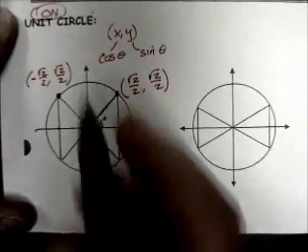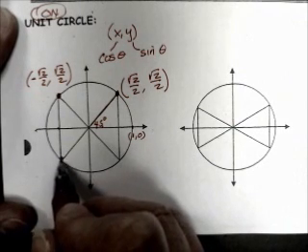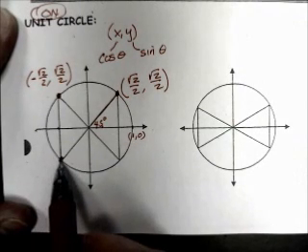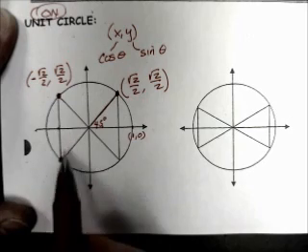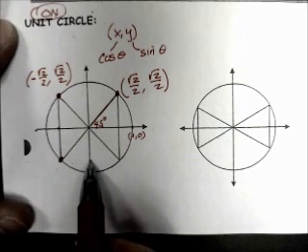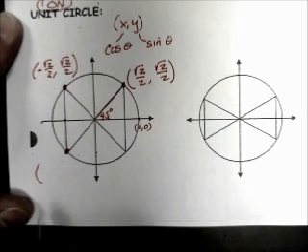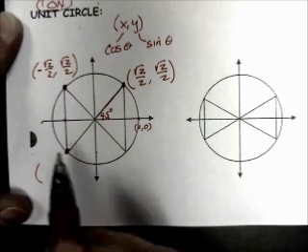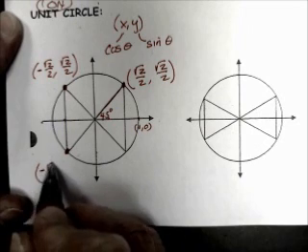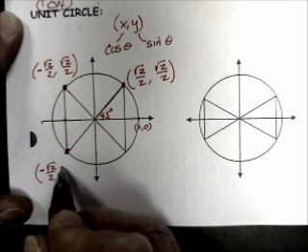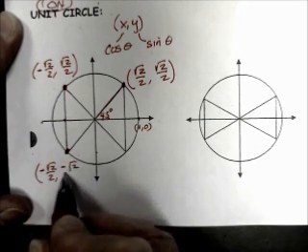Now if we take this and put this down in the third quadrant, in quadrant 3, both our x and y values are negative. So the coordinates of this point here on the unit circle would be negative square root of 2 over 2, comma, negative square root of 2 over 2.